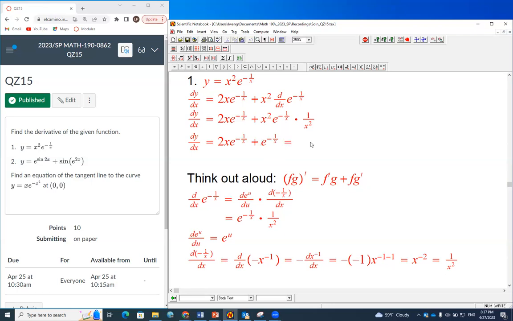And if you'd like to write it in product form, that will be e raised to the power of negative 1 over x factored out, and you have 2x plus 1. So that's the answer. And as far as how much work you need to show, this is how much work you can show.